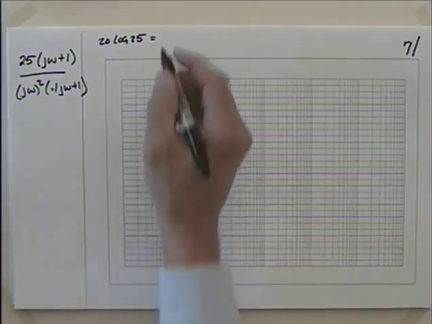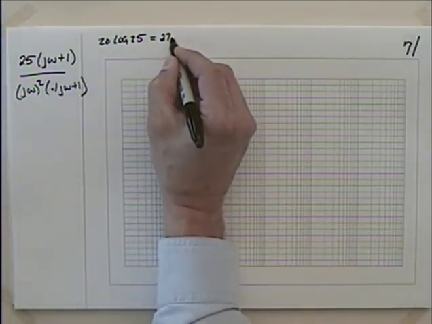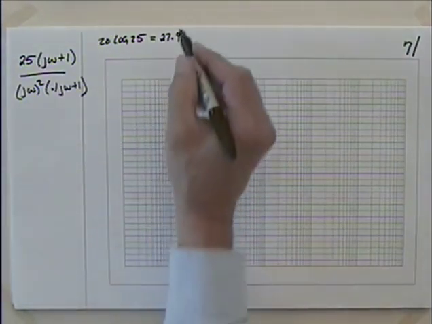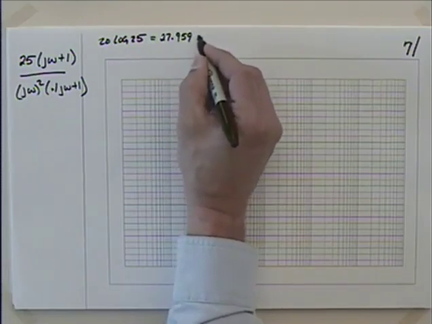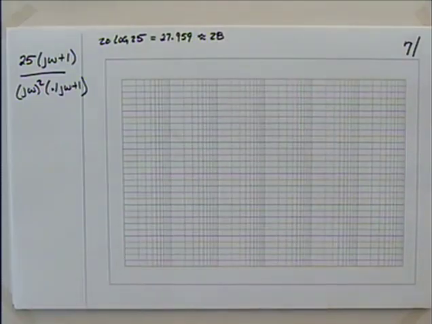You get about 27.9, 28, somewhere in there. I guess that's 958, 959. So we're just going to say that's 28. Okay, that's where I got that.